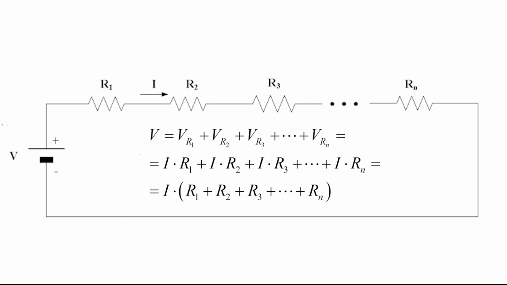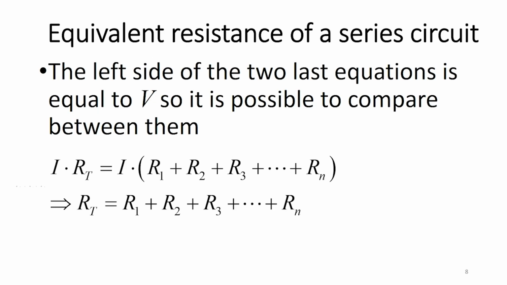It is equal to I times R1 plus I times R2 plus I times R3 and so forth. And it also equals I times, in parentheses, R1 plus R2 plus R3 plus Rn. The left side of the two last equations is equal to V, so it is possible to compare them.